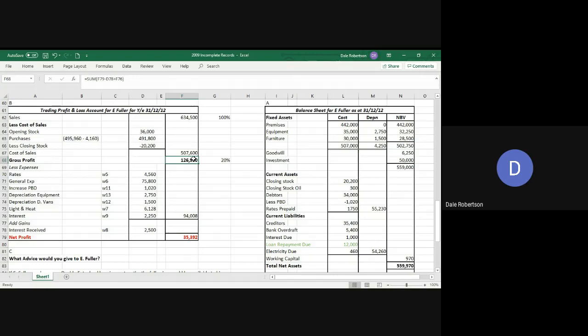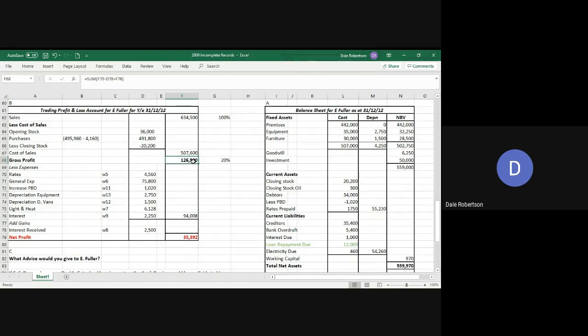Well, normally speaking, you would be starting with your gross profit and you would less expenses and you would add gains, and that will give you your net profit. We're working backwards here, so we reverse that function and we go net profit less the gains of 2,500 plus the expenses of 94,008, and that will give you your gross profit of 126,900.